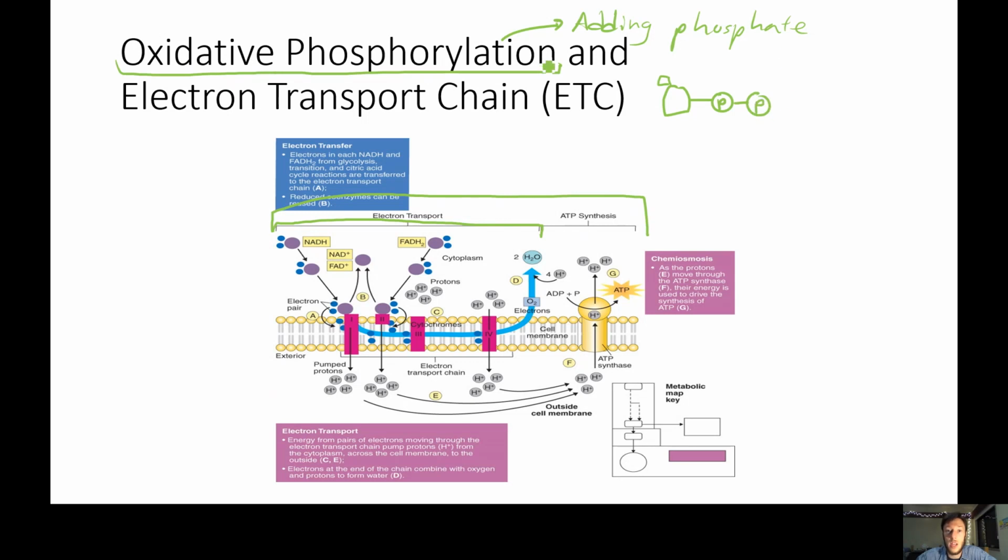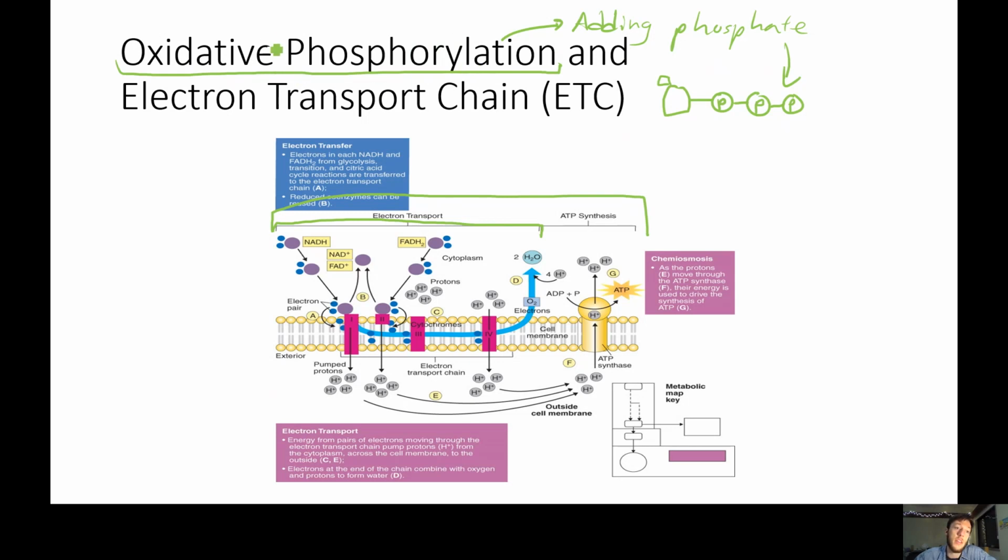And we phosphorylate it by adding a phosphate group, well, now we're creating ATP, right? That's an endergonic reaction, a reduction reaction, an anabolism of ATP. We just turned ADP into ATP, which is the whole purpose of all this stuff. We need energy to be able to do this.